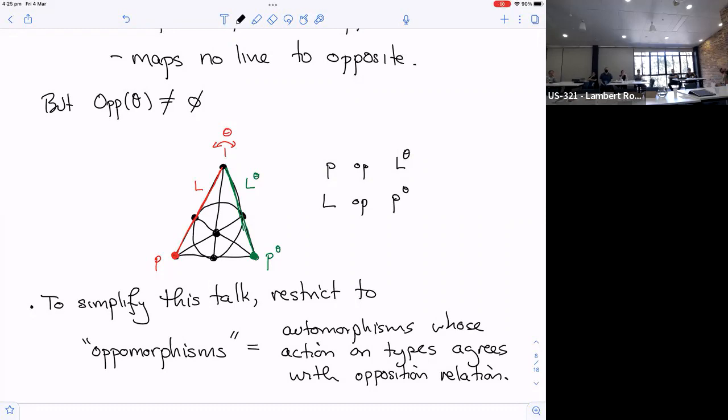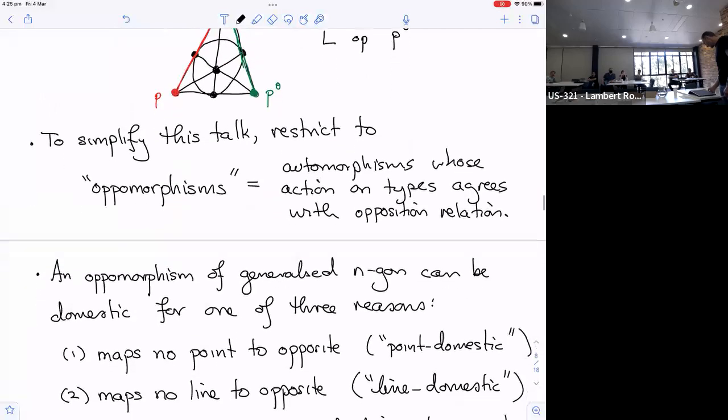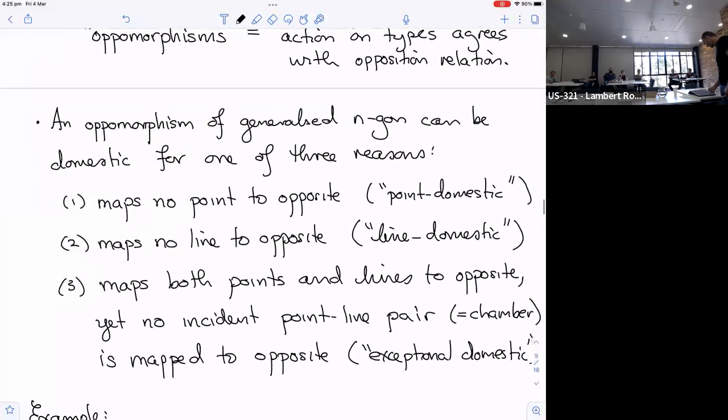We can deal with all of that, of course, but why is this nice? Because this means if something is mapped to an opposite, some simplex, then all sub-simplices will also be mapped to opposites. That's the property that these automorphisms enjoy that the others don't enjoy. Sorry for some silly words. Anyway, let's just say that all automorphisms for the talk are going to preserve type.